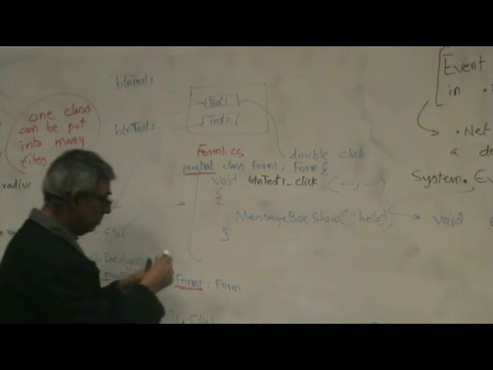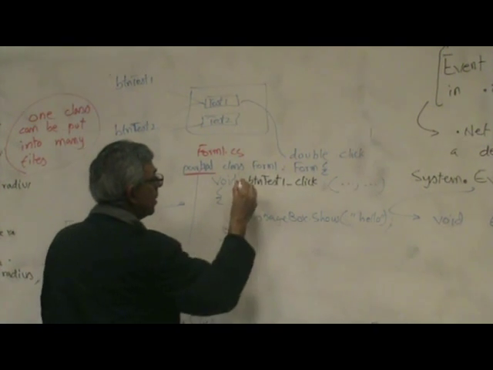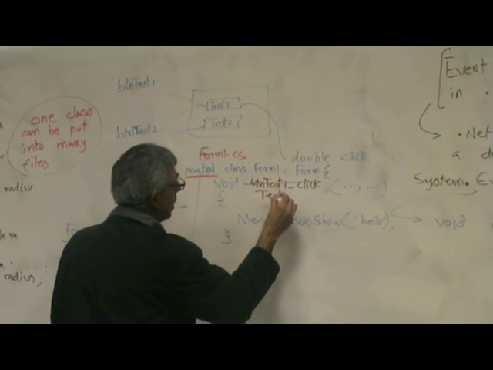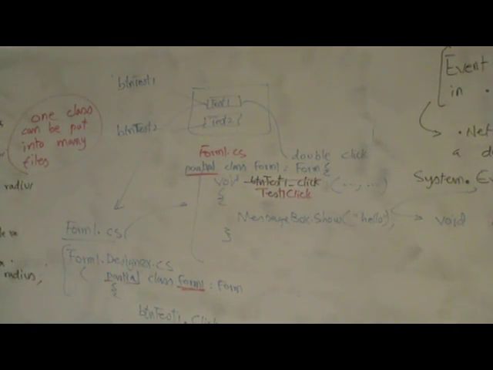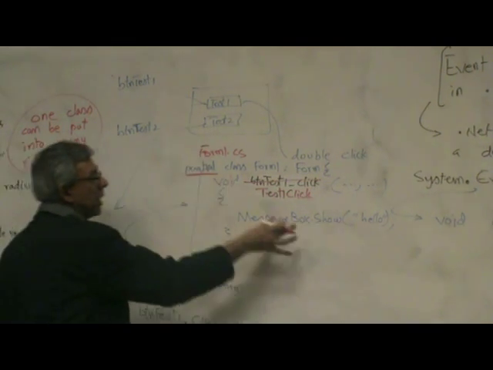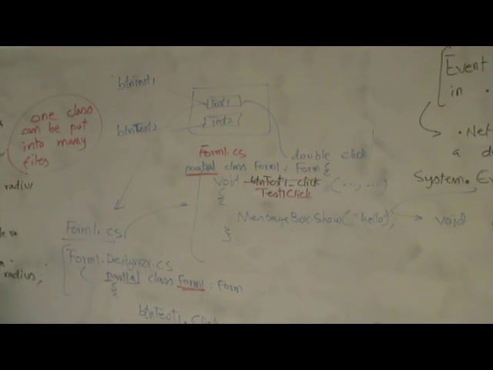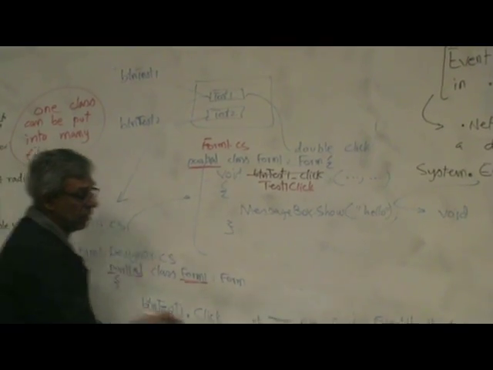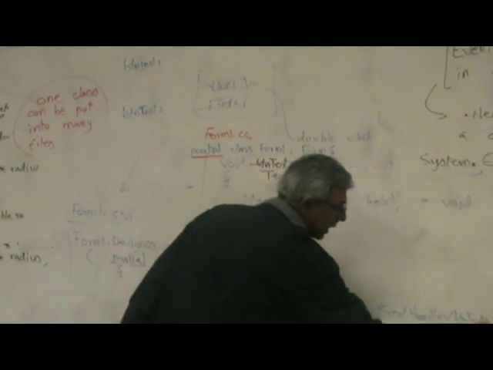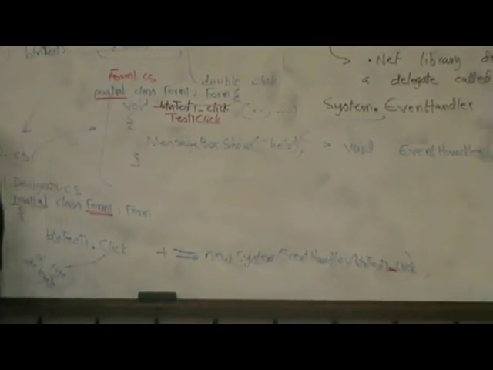You change this name to test1 click. So the reason it doesn't work is, even though you click on the button, nothing will get executed. Why? Because over here, where's the delegate pointing to? It's pointing to btn test underscore click.